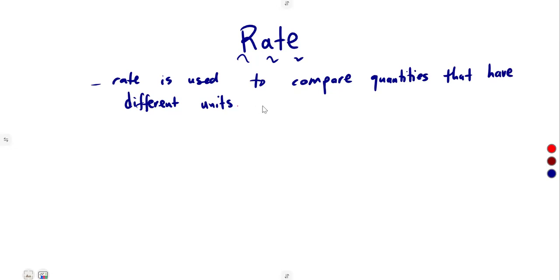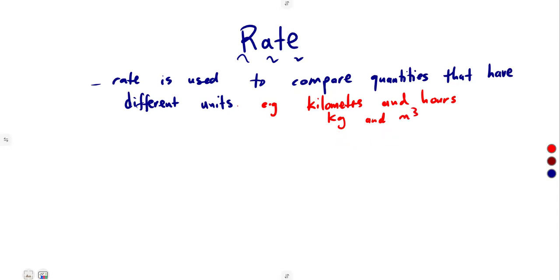For an example, we saw kilometers and what? And hours compared together. We saw the kilograms and the cubic meters, something like that.